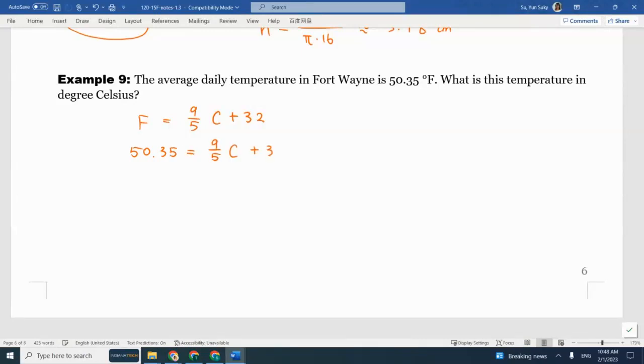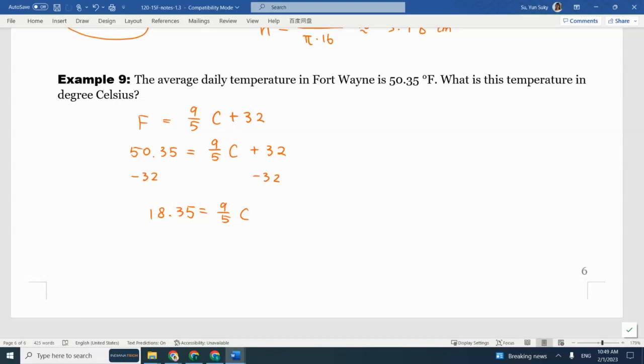Celsius, we're looking for that. So what do we do? Subtract 32. What is your left-hand side? 18.35. Right, everybody?